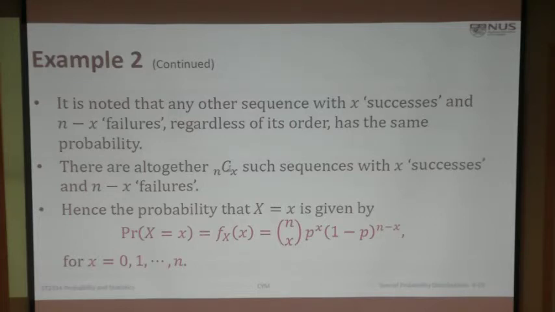That's n choose x. That's something we learned in week 1 already. So now the question is, what's the probability that the total number of successes is x? It's the total number of ways it can happen, n choose x, multiplied by its probability, which is p to the x times 1 minus p to the n minus x. And x could be 0, 1, 2, up to n.